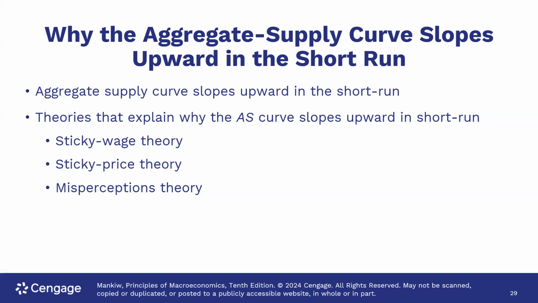Here I just want to introduce those developments in the literature, and which one you believe and which one you want to rely on is your own choice. But what I would say is that you need to understand all of them, and maybe all those theories will work together to explain this upward-sloping aggregate supply curve.